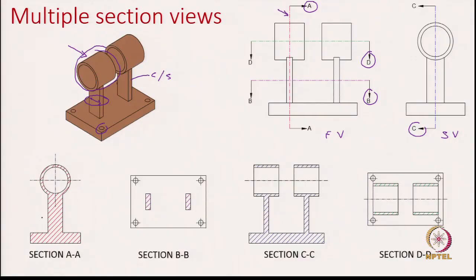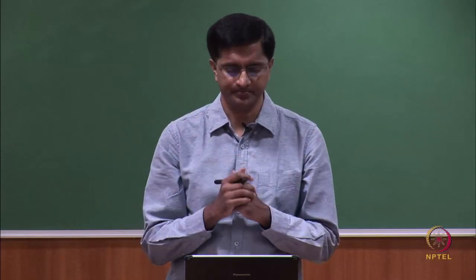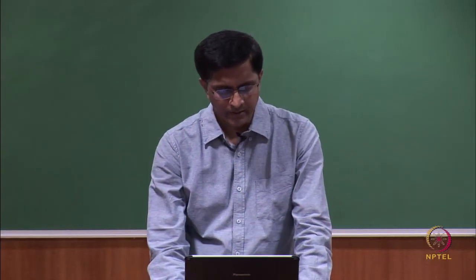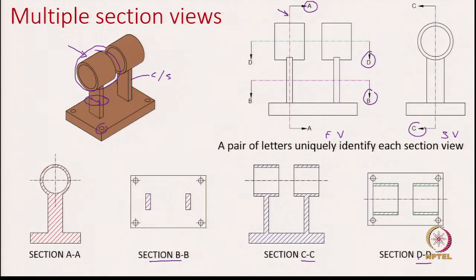So, for example, here these sections BB, CC and DD are not aligned with your front view and side view, because since there are too many views, you cannot fit them all in one particular alignment, saying left, right, top, bottom. Okay.